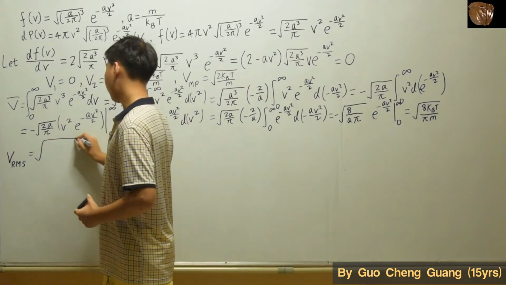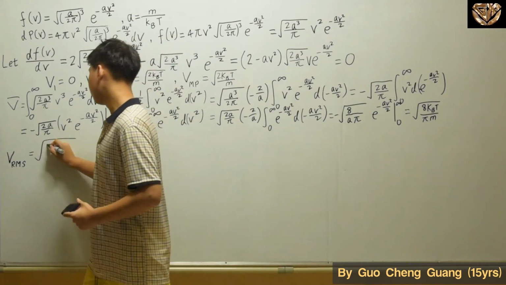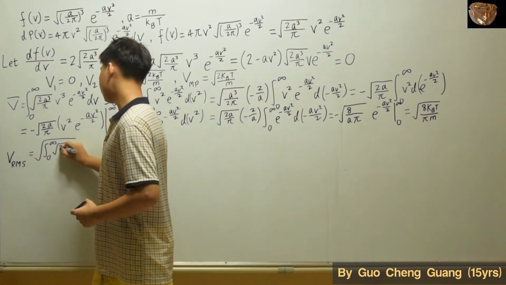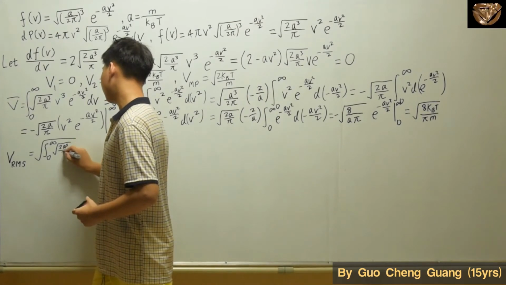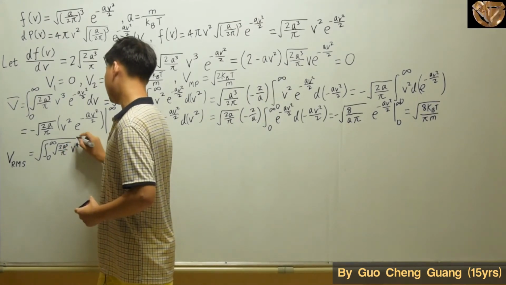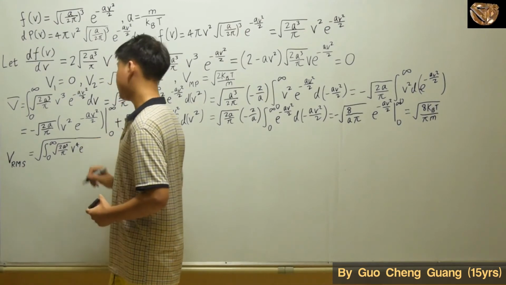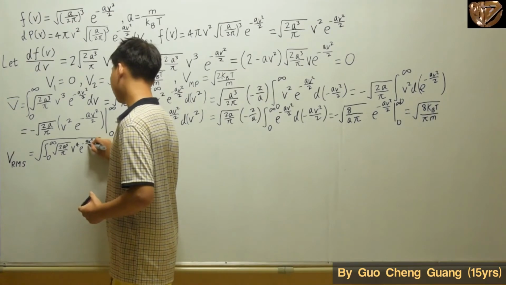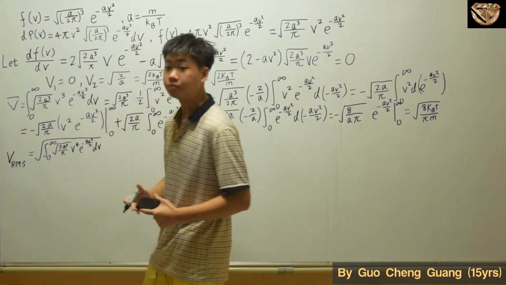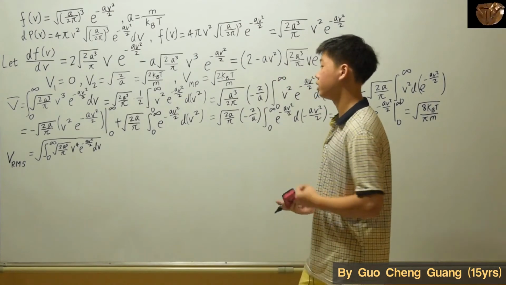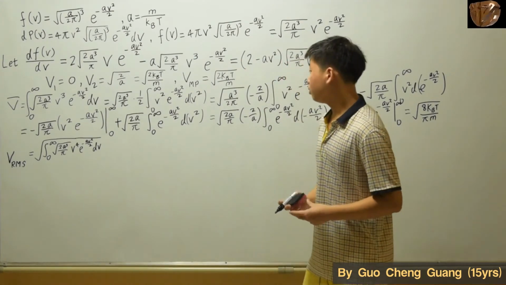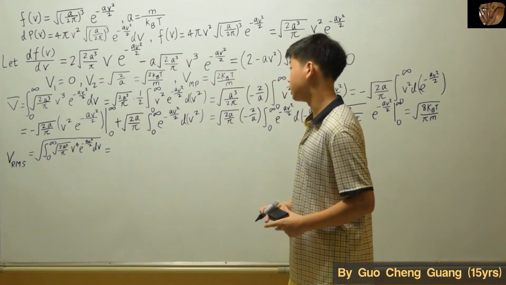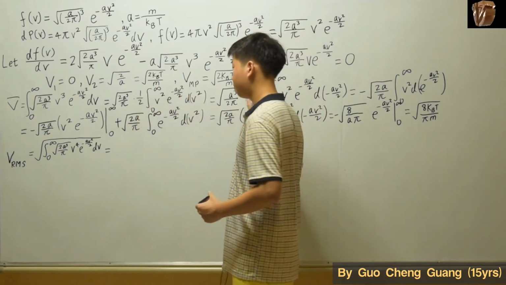So the root mean square speed, we are going to have square root and integrate from 0 to infinity square root 2a cubed over pi v to the power of 4 this time, since root mean square, e to the power of negative av square over 2 dv. Alright, so now this is what we just have to find. We can try to reuse the same method from up here.